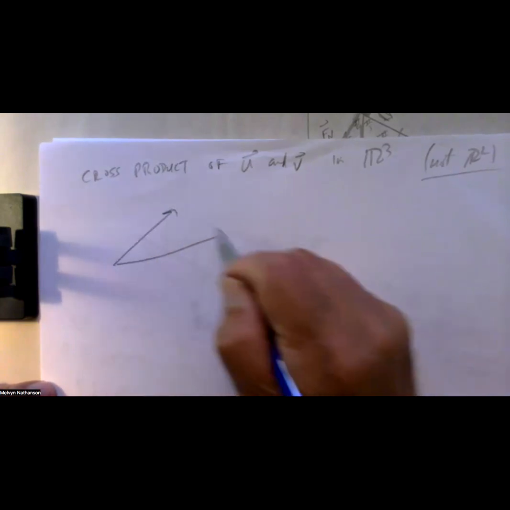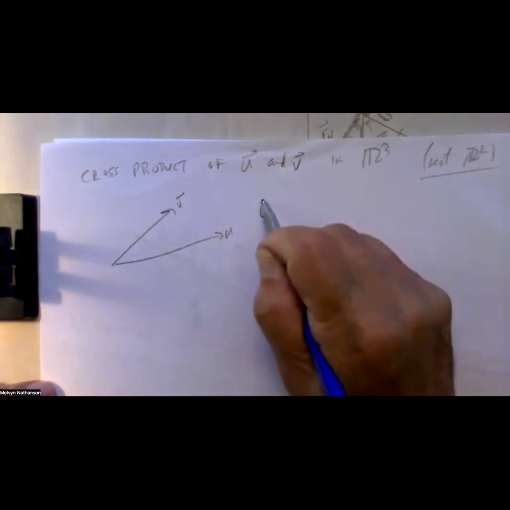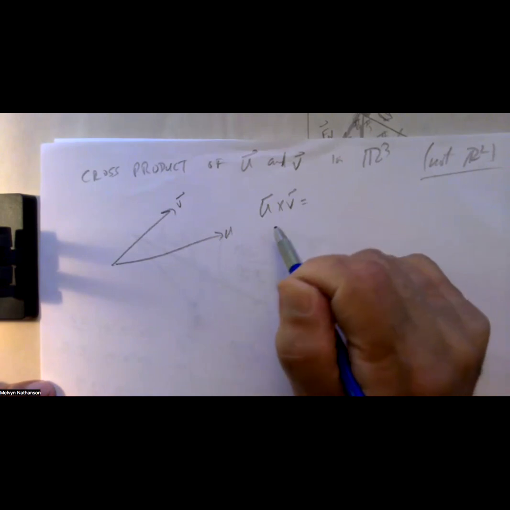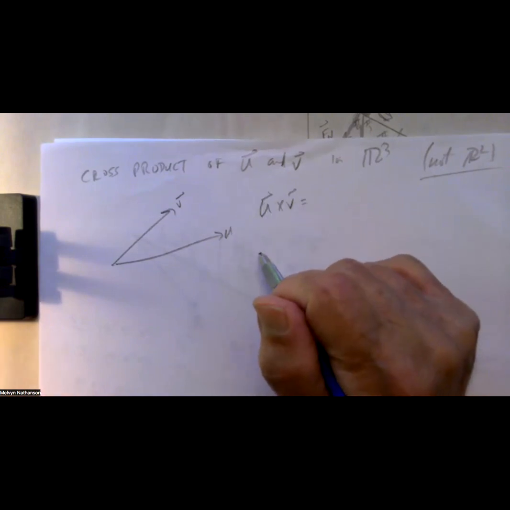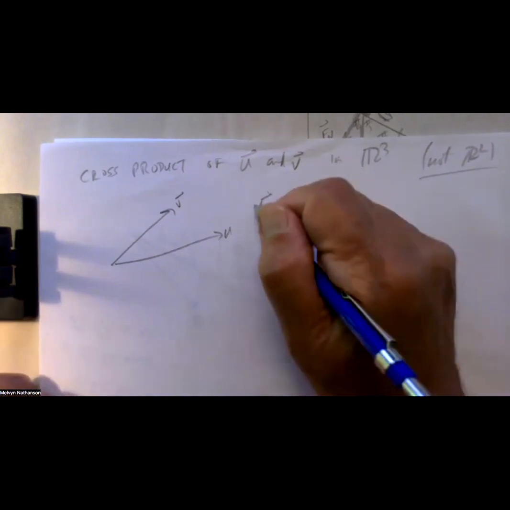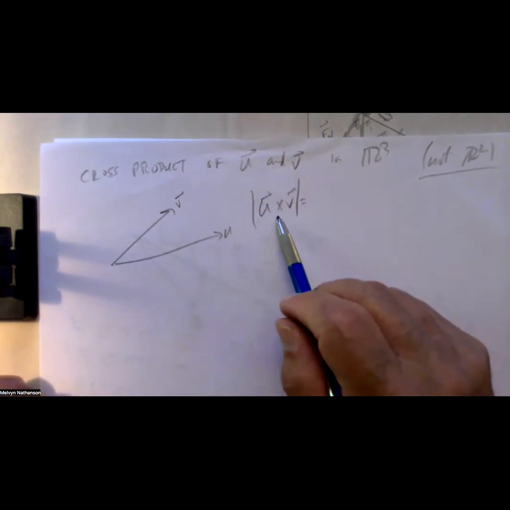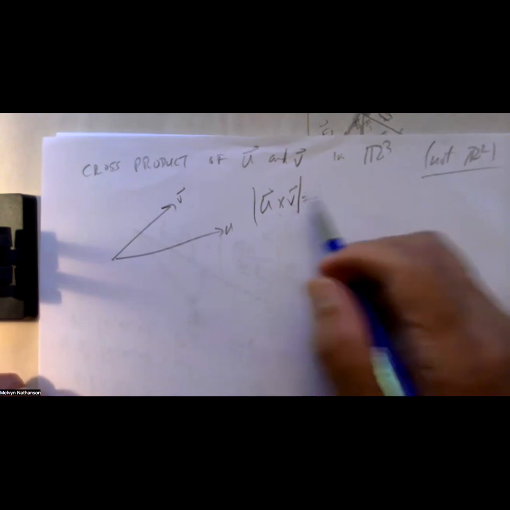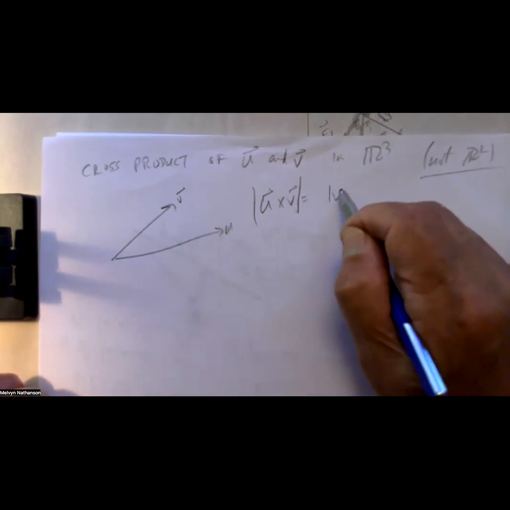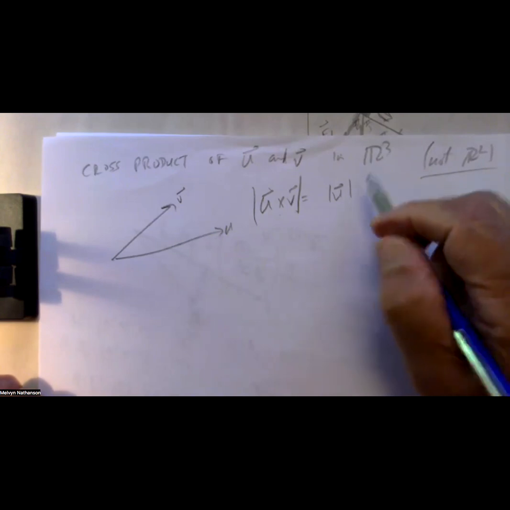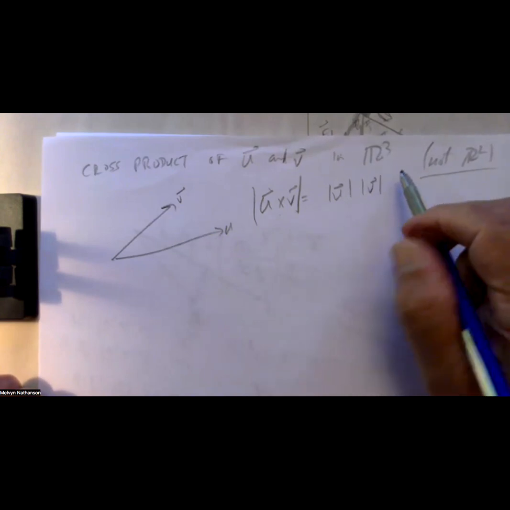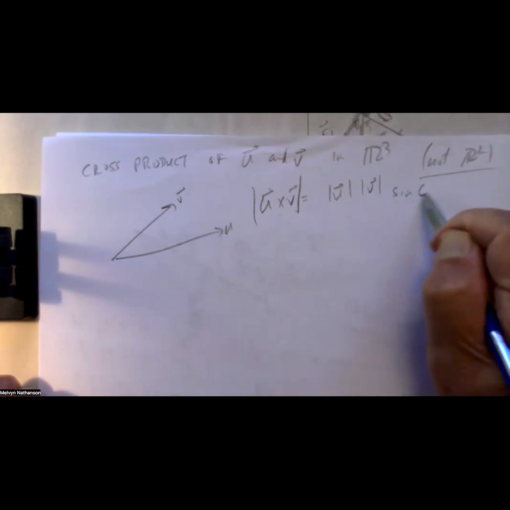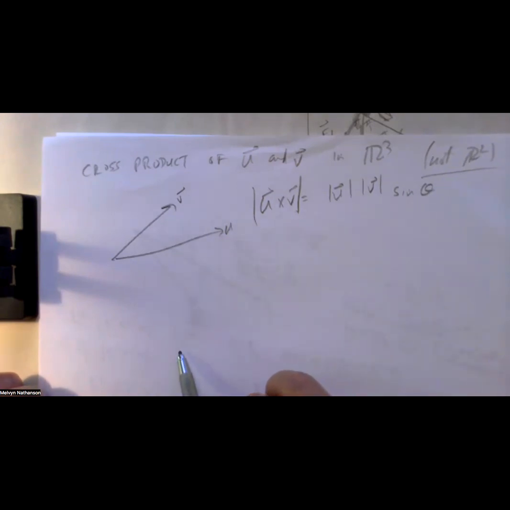And to understand that vector, we define this cross product, u cross v, as follows. A vector has a length and a direction. So the magnitude of the vector, the length, which we always denote by these absolute value lines, is the length of u times the length of v times the sine of the angle between them.